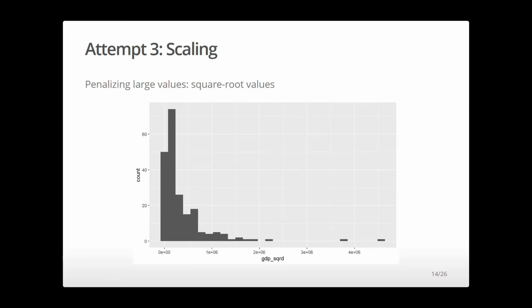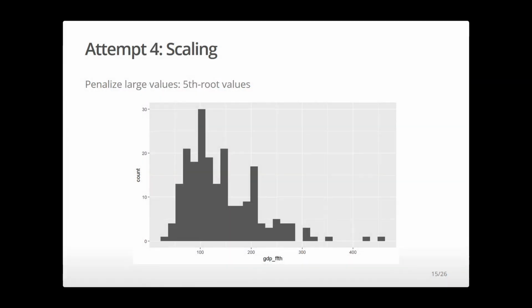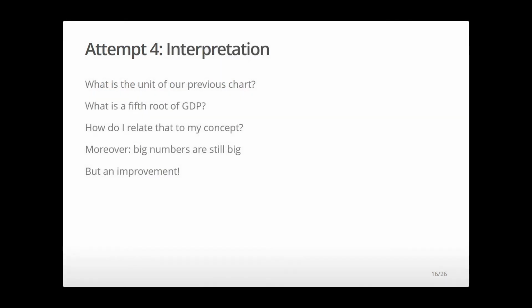So let's take the fifth root. And okay, we're really starting to get there. But let's take a step back for a minute and try to interpret this chart again. Some things are better. The x-axis is in numbers I can understand, 0 to about 500, but the unit isn't easy to wrap my head around. I don't often think about the fifth root of a country's GDP.